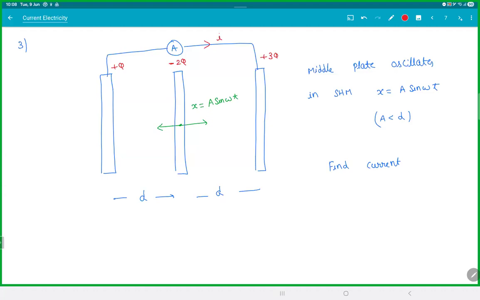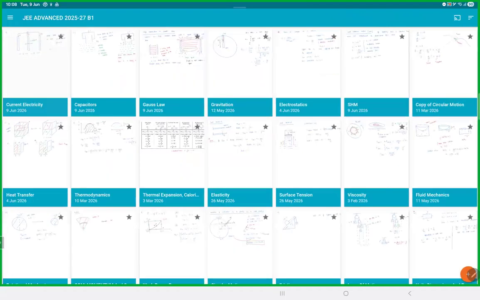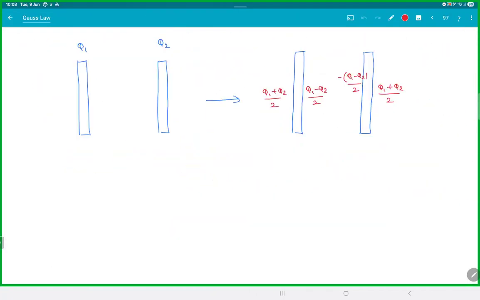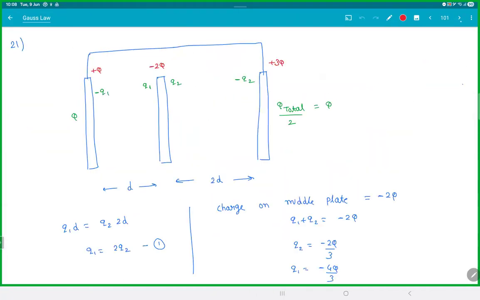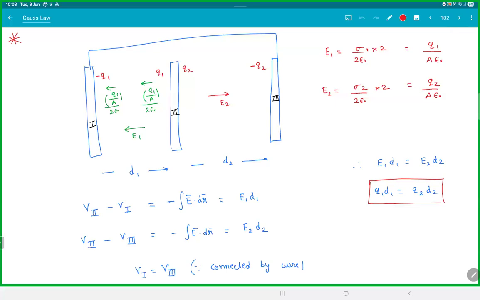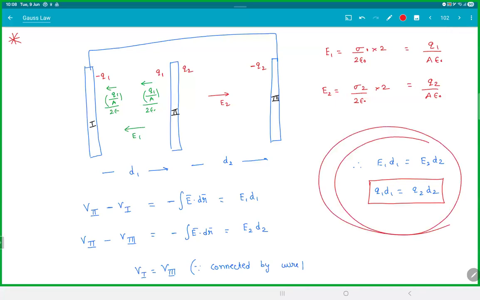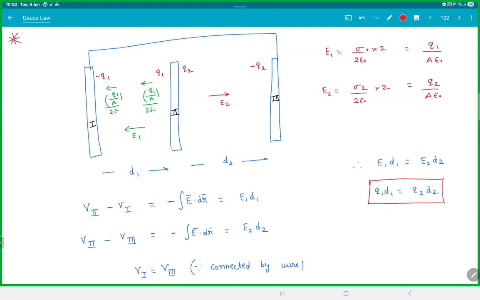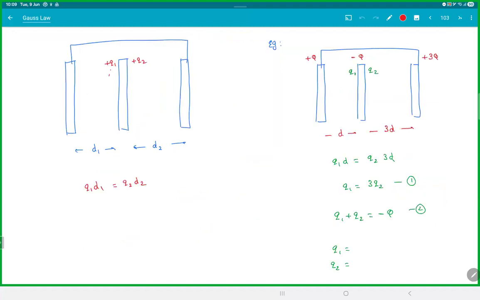You guys remember that relation between the two plates? Q1 d1 is Q2 d2. Forgot? Do you remember this formula? Whenever you have two plates with the distance d1 and d2, this is the formula. This charge into this distance must be equal to this charge into this distance.